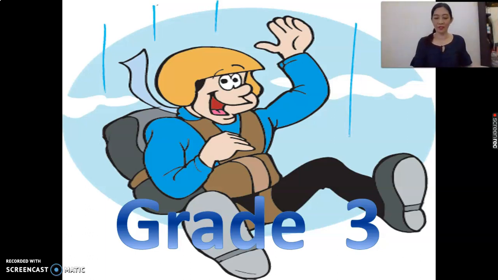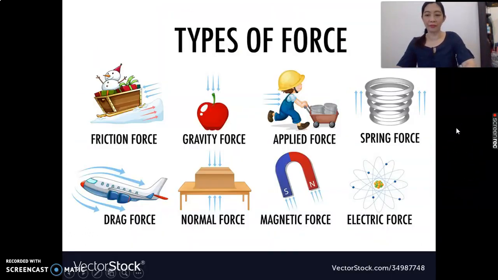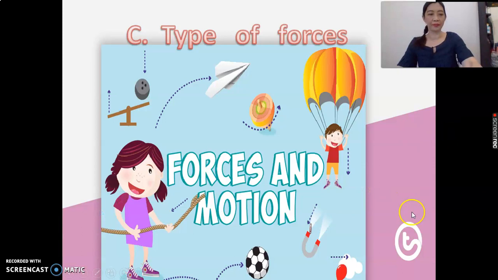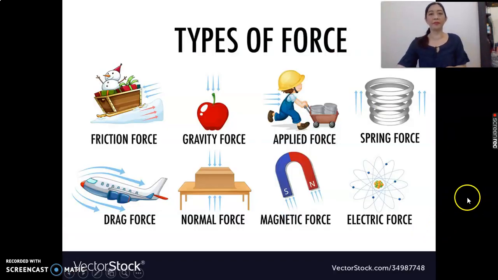Okay, so let's start. Today, our topic is about types of force. We have different types of force.